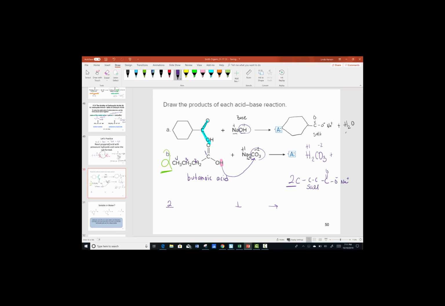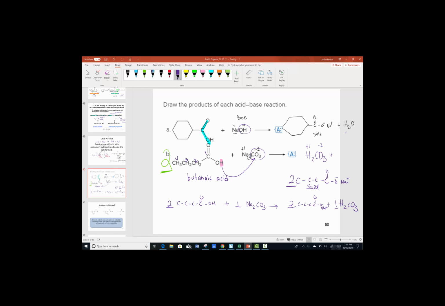The salt would be written first, 2 salts, +1 H2CO3. 2 units of butanoic acid plus 1 unit of sodium carbonate will form 2 units of our salt and 1 unit of carbonic acid, H2CO3.